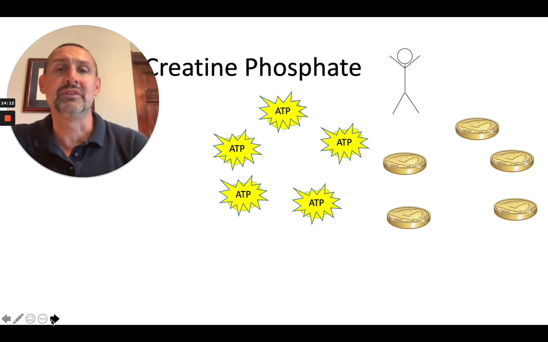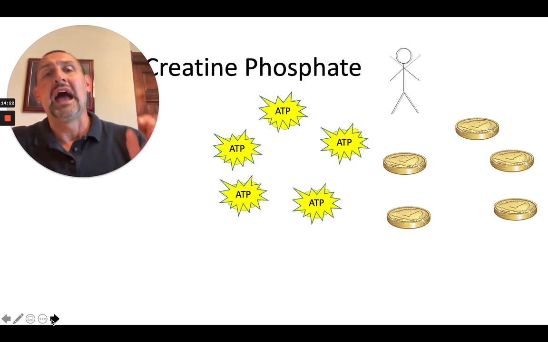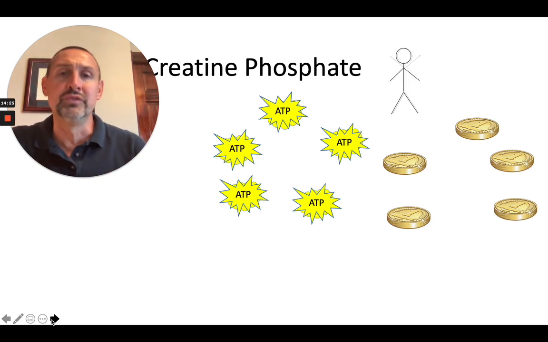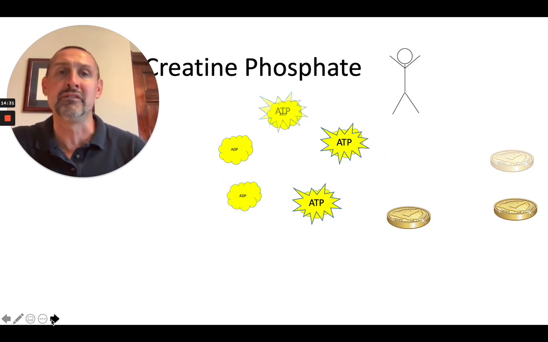One of the ways that it restores that chemical energy is through a molecule called creatine phosphate. You store ATP in your cells, so your cells can use it for energy. As you do exercise or as you move around, that's going to burn up some of this energy. Think of it like spending money. At some point you run out of money, just like at some point you run out of energy.